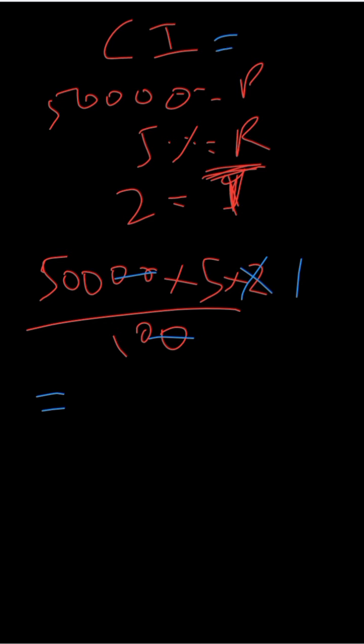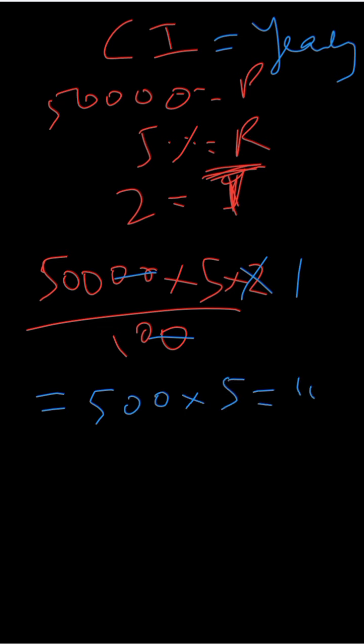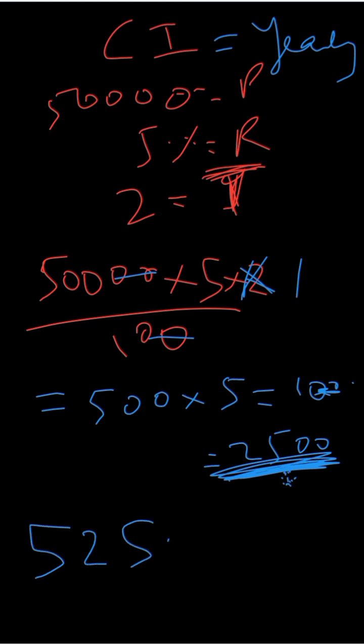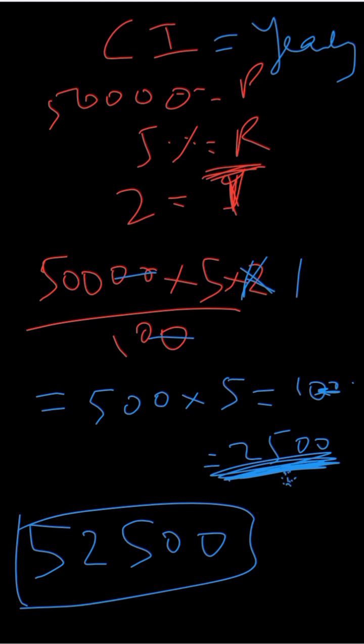So it will be 50,000 into 5 into 1 upon 100, which is 2,500 rupees. This is the interest, this much extra money the person gets in 1 year. So after 1 year, his principal becomes this one.